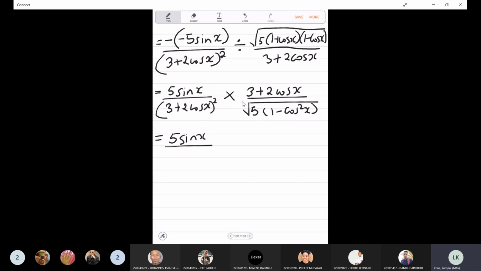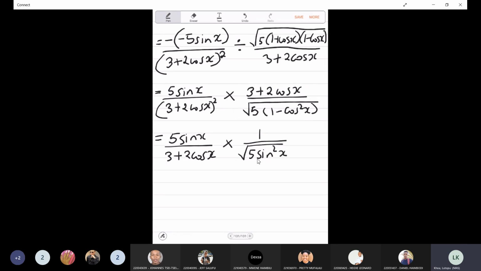So the square will cancel with that one. And then over here, I am left with 3 plus 2 cos x times 1 over the square root of 5 sine squared of x.